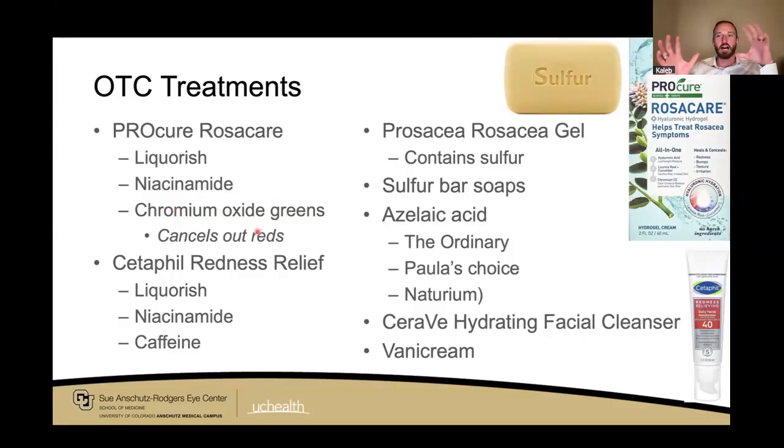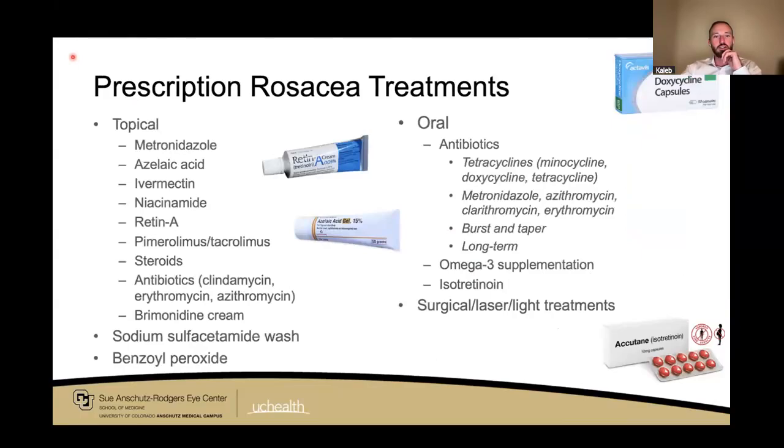Green is on the opposite side of the color wheel from red, so it's thought that if you use chromium oxide greens in something like a facial moisturizer, this will cancel out some of the redness. There are things like caffeine and azelaic acid that are vasoconstrictors. If you constrict those blood vessels, the redness is less apparent. So I try to keep a list of these over-the-counter treatments around just to tell my patients.